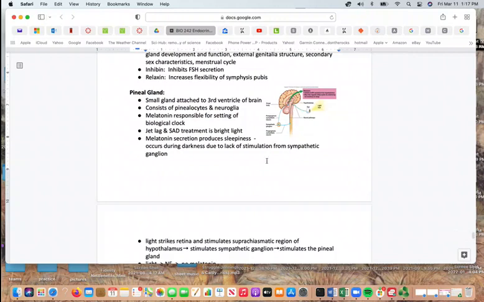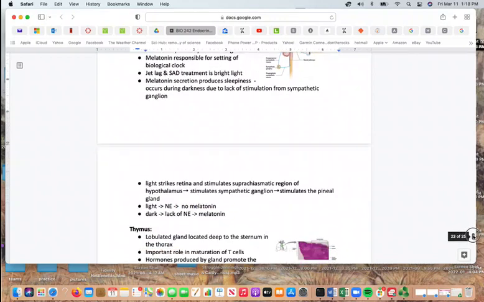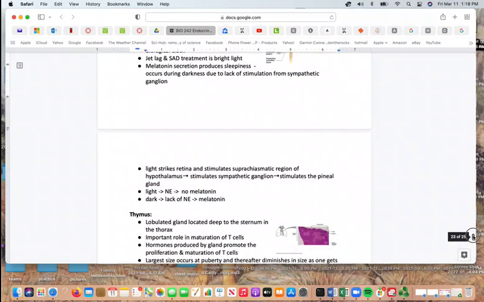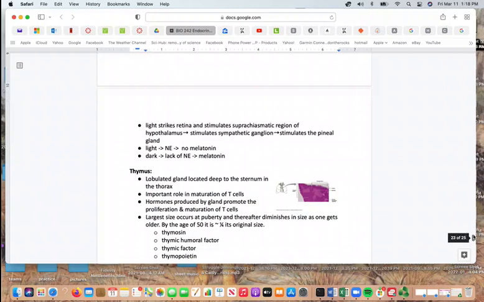So melatonin secretion will produce sleepiness. So this occurs during darkness because there is a lack of stimulation from the sympathetic ganglion. Light will strike the retina, and that stimulates the suprachiasmatic region of the hypothalamus. That stimulates the sympathetic ganglion and then the pineal gland.